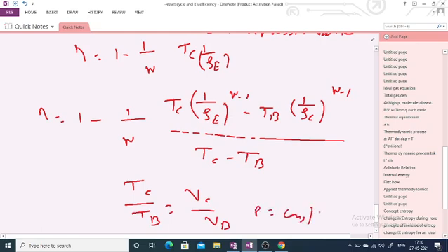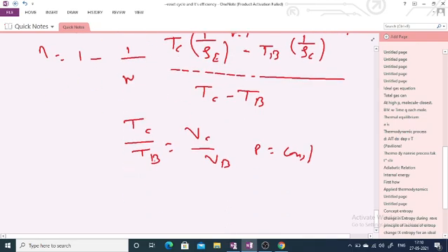So from this equation we can write Tc upon Tb, and now you have to manipulate this.